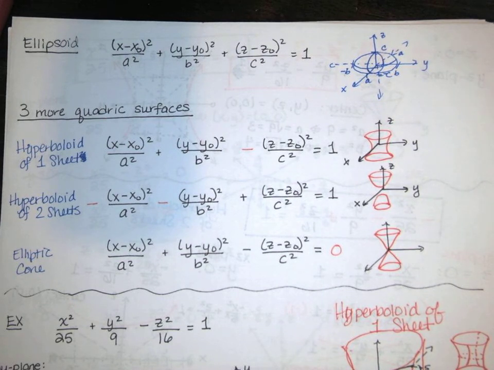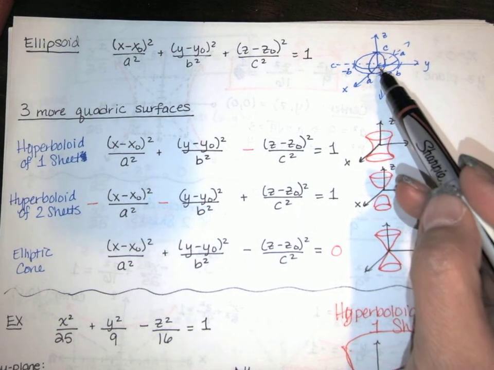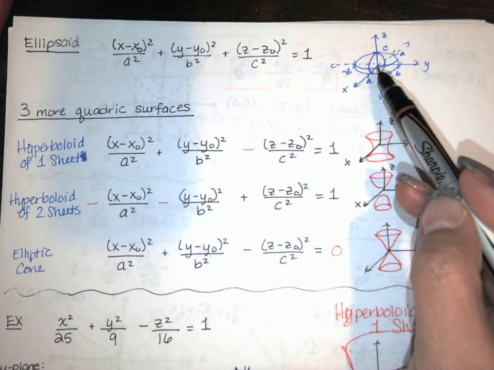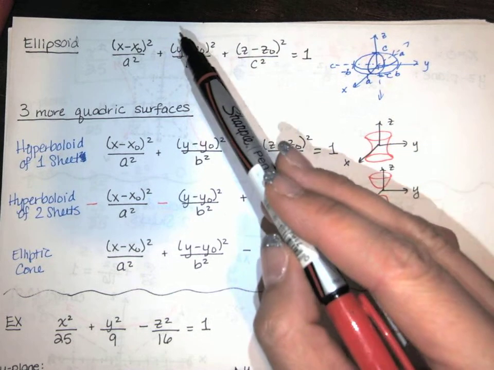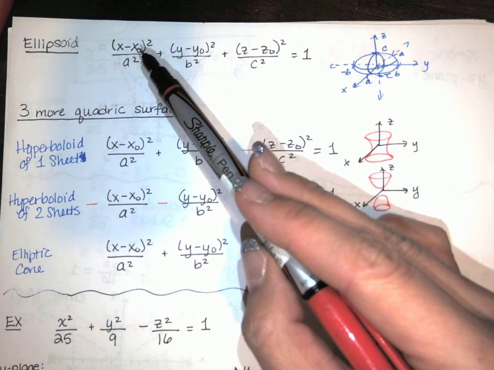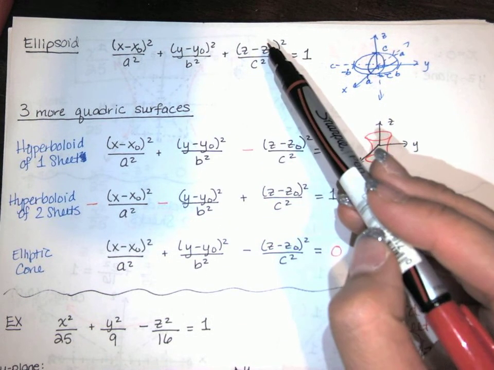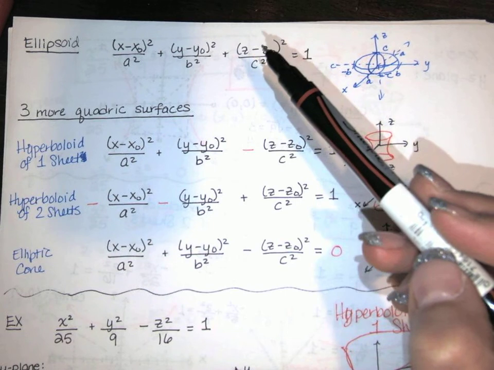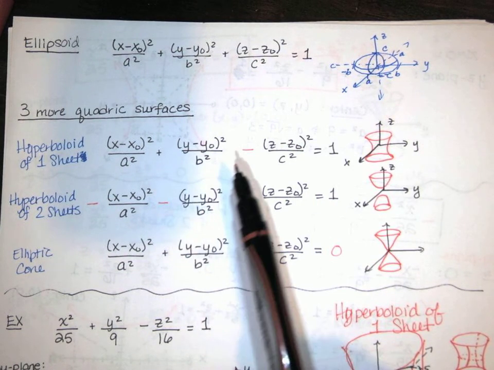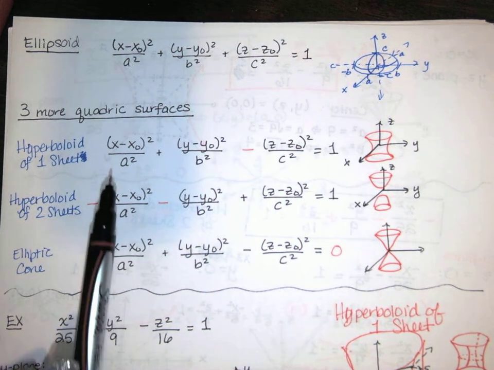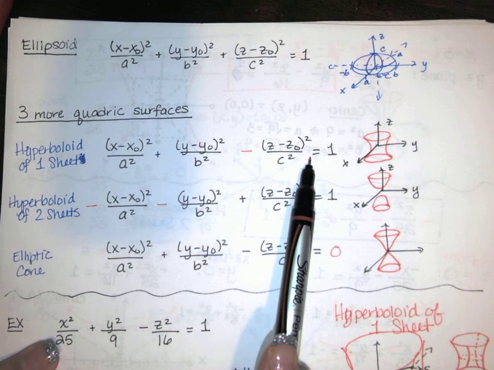So yeah, you've got an ellipsoid, and this one is pictured with its center at the origin, but that center could be anywhere. It could be at any x naught, y naught, z naught, and you identify that from whatever you're subtracting from the x, the y, and the z. Okay, hyperboloid of one sheet looks almost identical. X, y, and z are all squared.